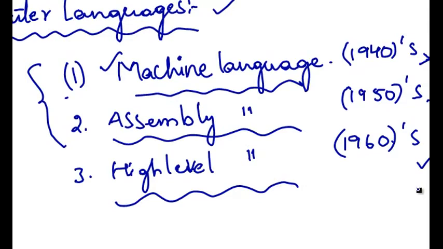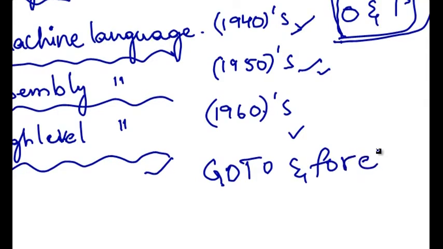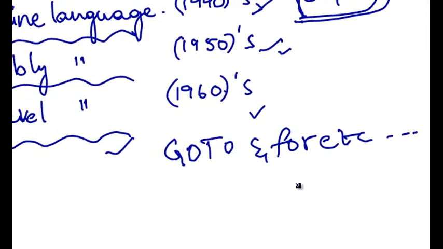Now let's study about high level languages. A high level language is a language used for programming computers. High level languages are very much similar to human languages and consist of statements like goto and for, etc. These languages are easier to read, write and maintain.